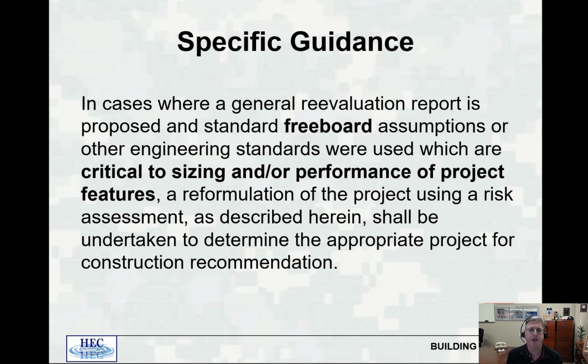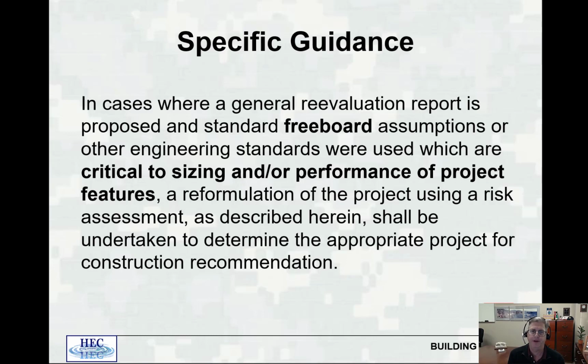In cases where a general reevaluation report is proposed and standard freeboard assumptions or other engineering standards were used, which are critical to sizing or performance of the project features, a reformulation of the project using a risk assessment must be used. So this is happening less and less as we use more and more risk analysis and risk assessment. It used to be that freeboard was the term we used to capture all of our uncertainty.